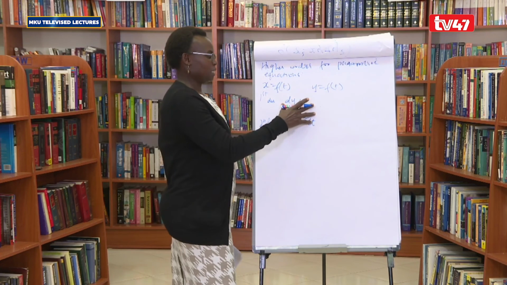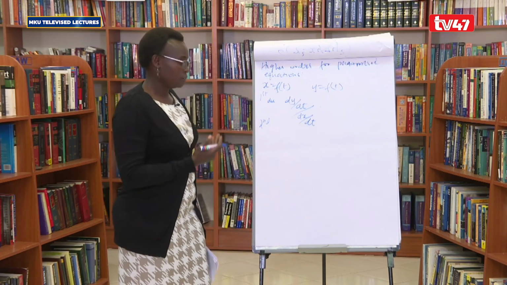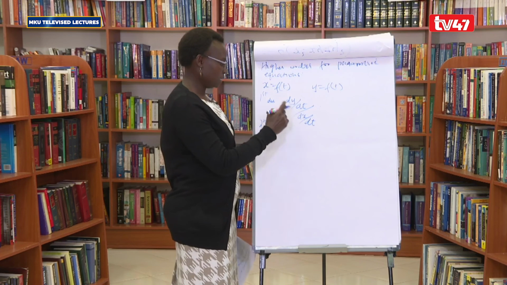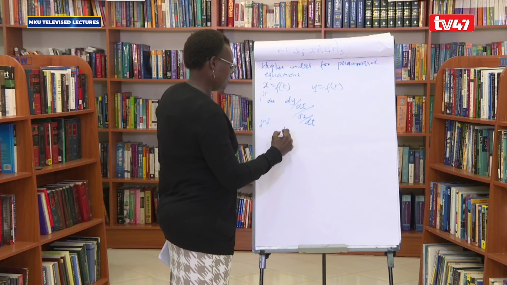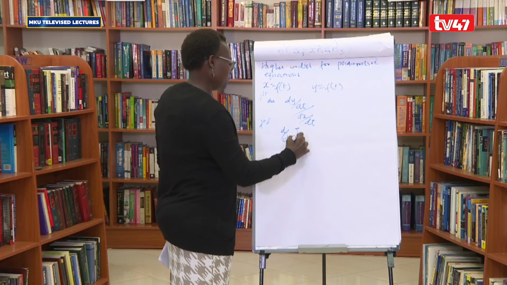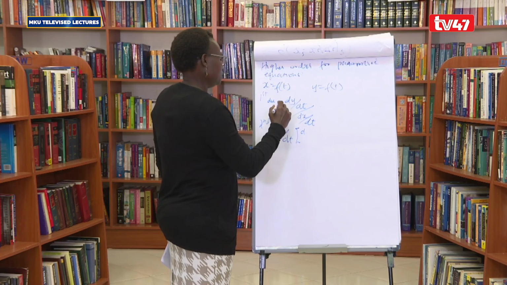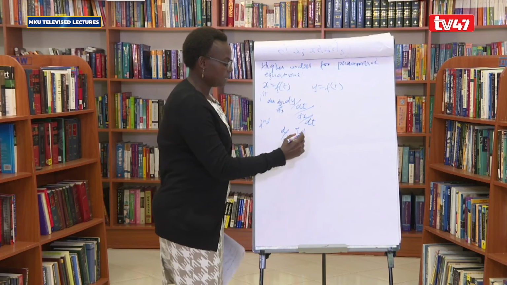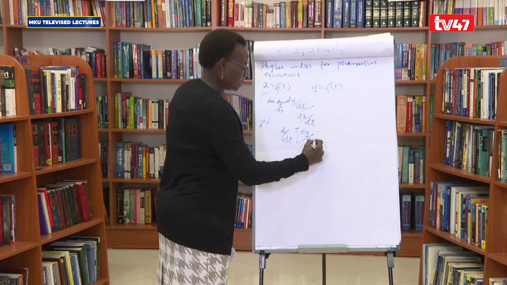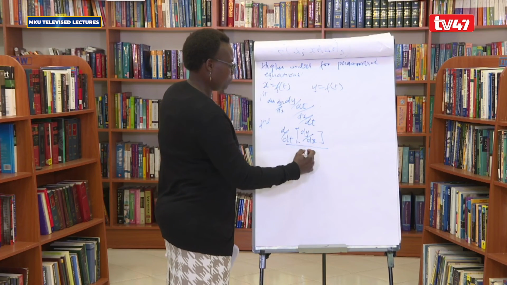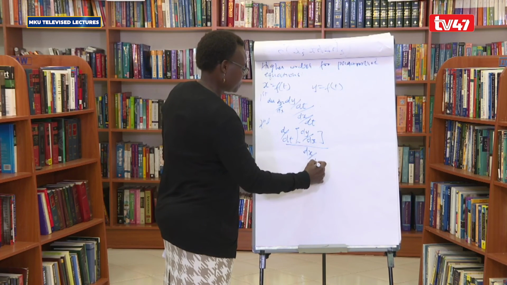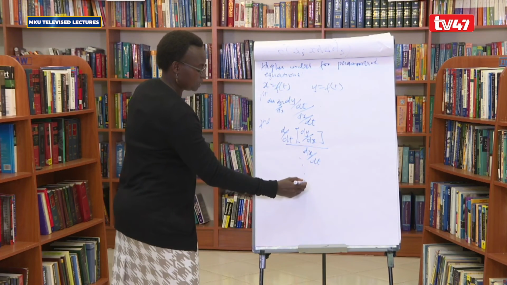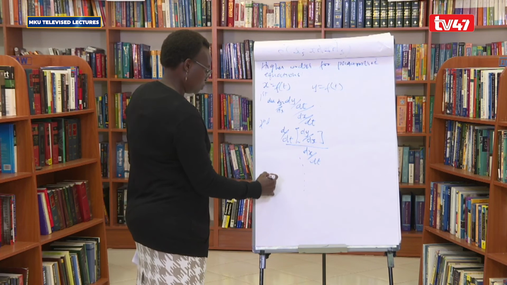But for parametric equations, we divide by dx over dt. So we get the derivative of dy over dx with respect to t, and then we divide by dx over dt.